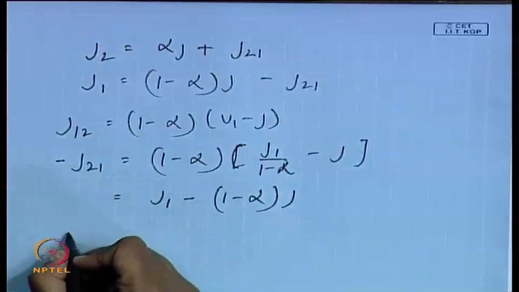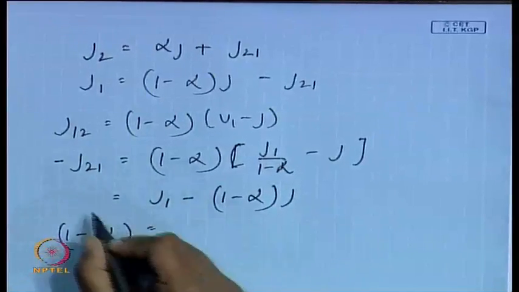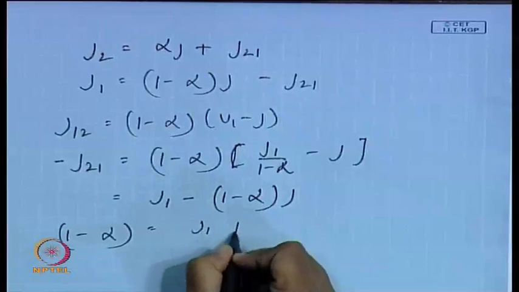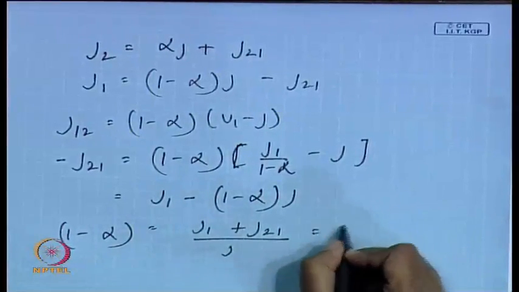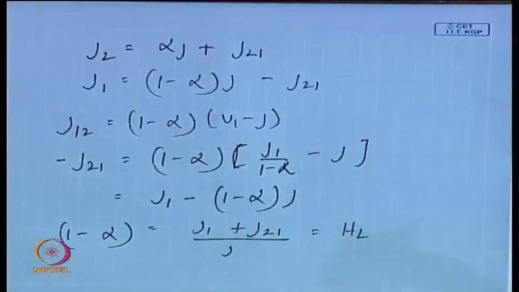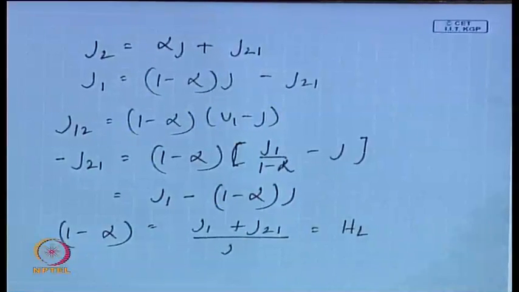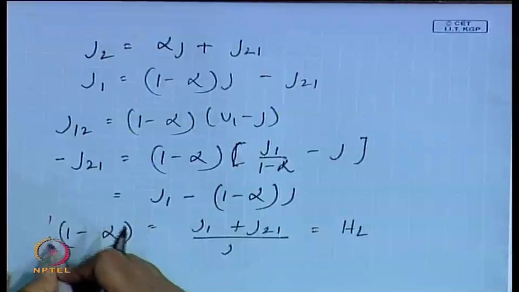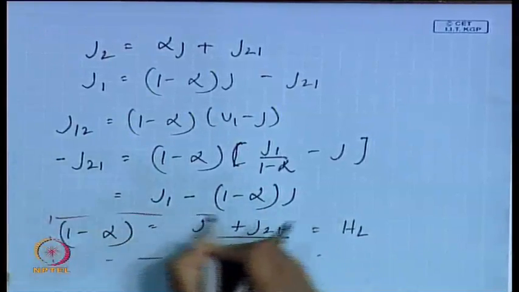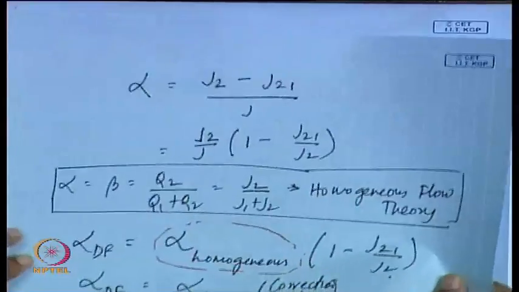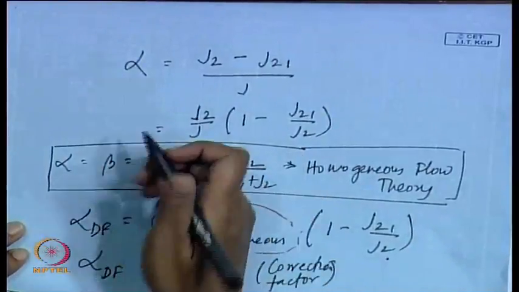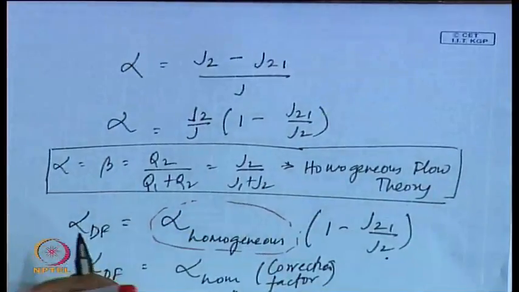So, 1 minus alpha is equal to J1 plus J21 by j. 1 minus alpha is nothing but the liquid hold up HL. Got it? So, we have derived the expression of 1 minus alpha here, and we have derived the expression of alpha here, okay.